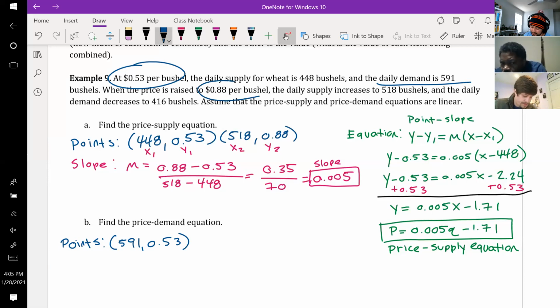When the price is raised to 88 cents per bushel, the daily demand decreases to 416. So there's our next point. 416 and 88 cents. We have our points, which means we have 2 points, and we're going to be able to find the slope between these 2 points.